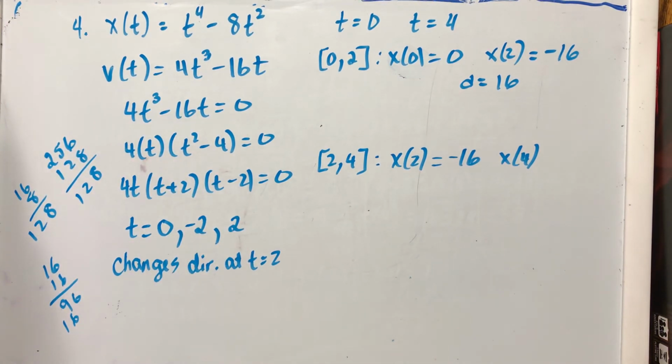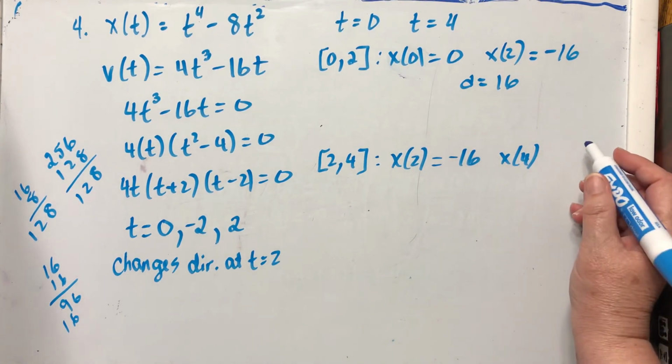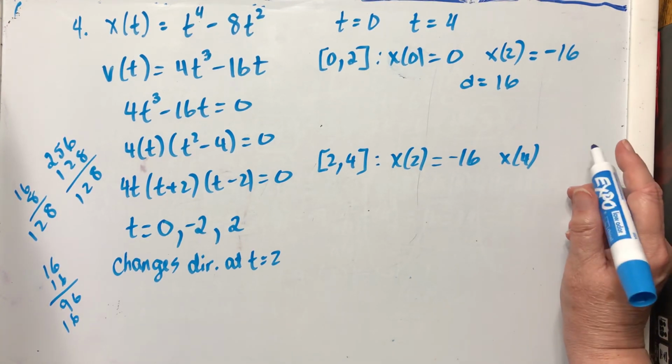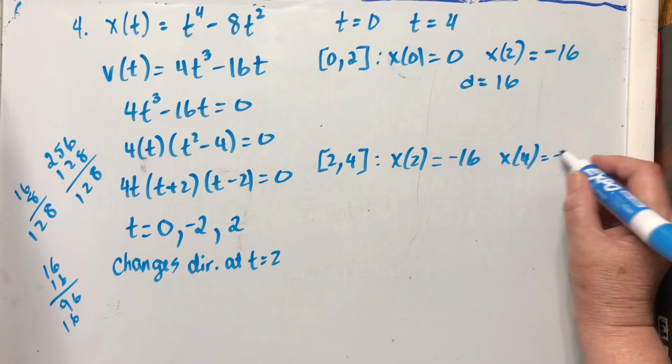All right, I'm going to cheat and look, because I'm getting a big old number. t to the fourth minus 8t squared. Okay, good. So, is that what I got? That is not what I got. They already added the 128. Okay, so that's negative 128.